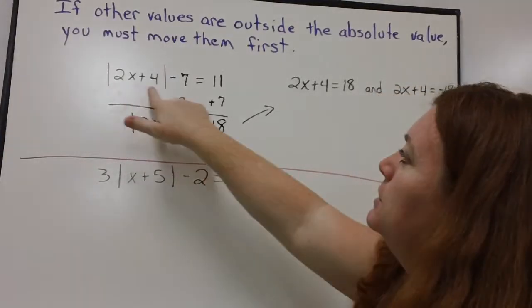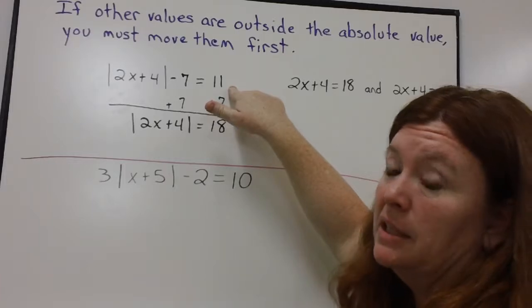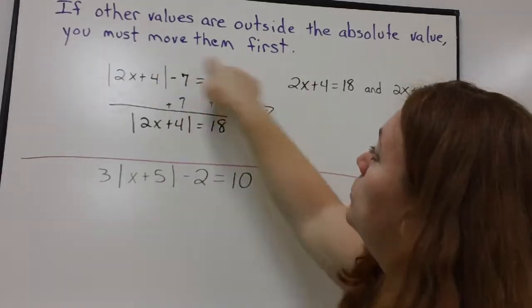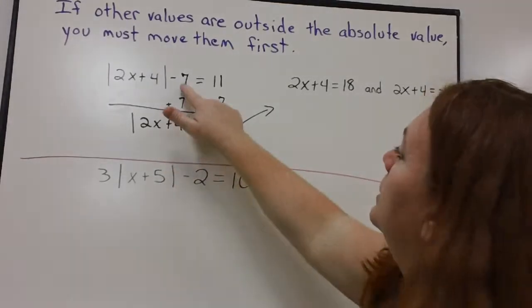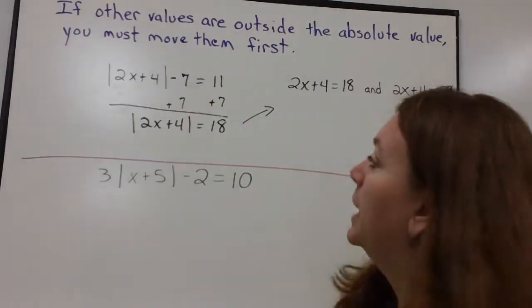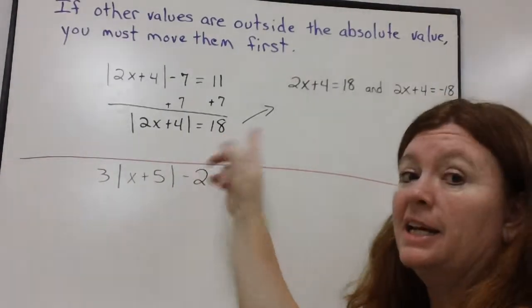Okay, the absolute value of 2x plus 4, minus 7, is equal to 11. The first thing I have to do is move anything that's not in the absolute value over to the other side. So I'm going to add 7 to both sides, and I get the absolute value of 2x plus 4 is 18.